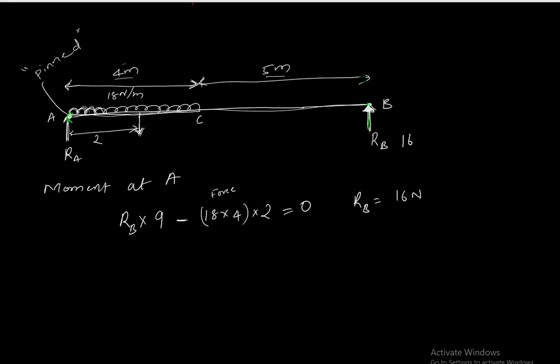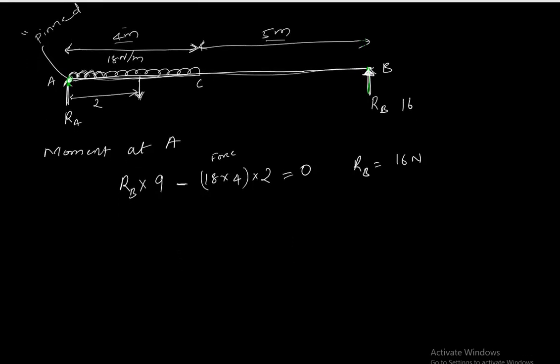Now for RA, we can do the same thing by pinning it at B and then calculating the moments. Or there's a simpler way: this beam is standing still, right? It is not falling down. So the sum of all the forces should be equal to 0. All the forces up should be equal to all the forces acting down.